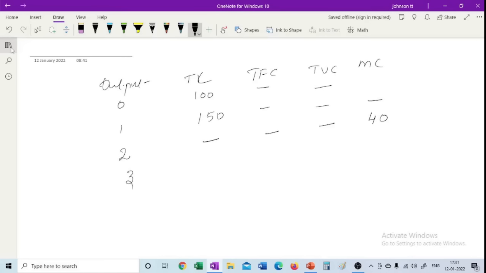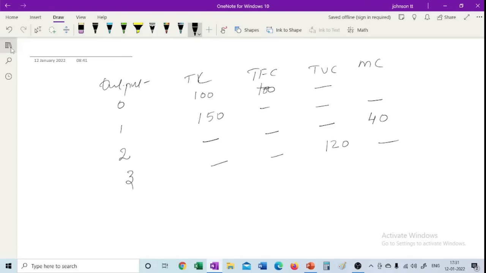For the third unit, we have to find total cost and total fixed cost. Total variable cost is given as 120 and marginal cost also we have to find. See, when output is 0, the total cost is 100. That means that is the fixed cost. So this is 100.